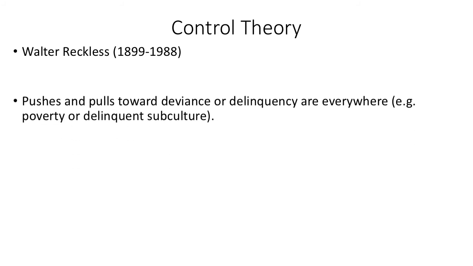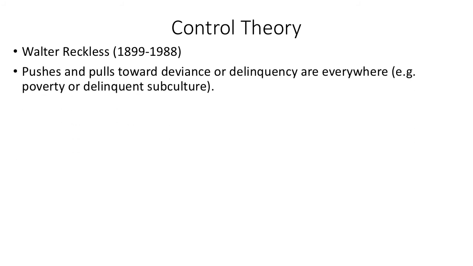It comes to us from Walter Reckless, who lived from 1899 to 1988. And what he argues is that, in our everyday lives, we have these pushes and pulls toward deviance or delinquency, and that these pushes and pulls are essentially everywhere.